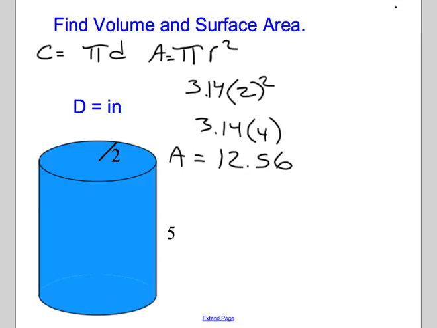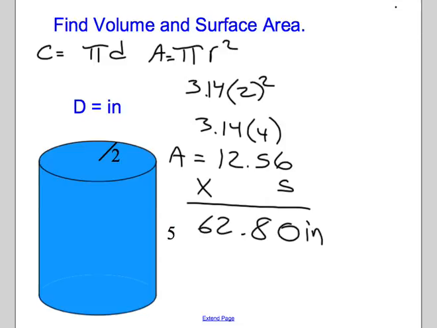Now we're going to take it times the height of 5. 62.8. We're measuring volume, so it's going to be inches, cubed. That's volume. Okay, real basic, real to the point.